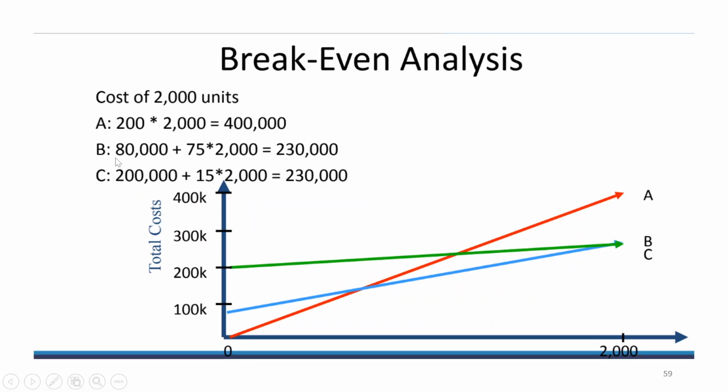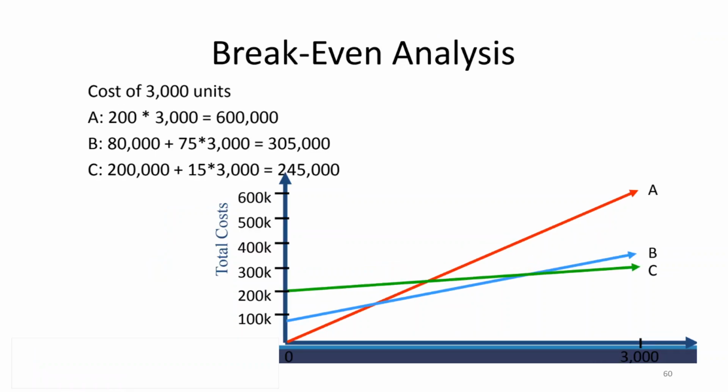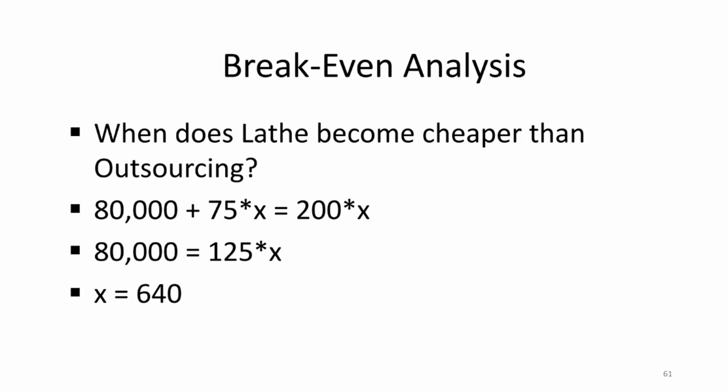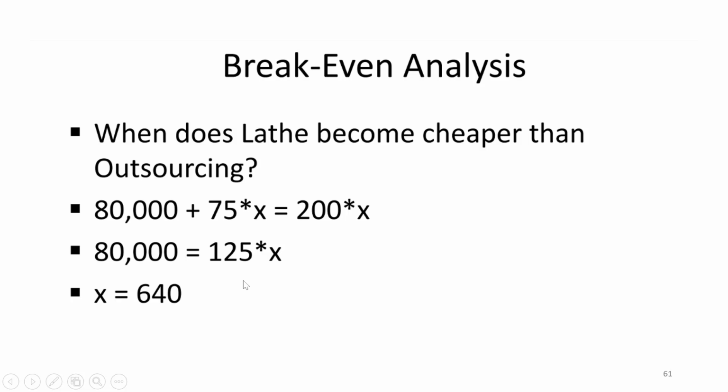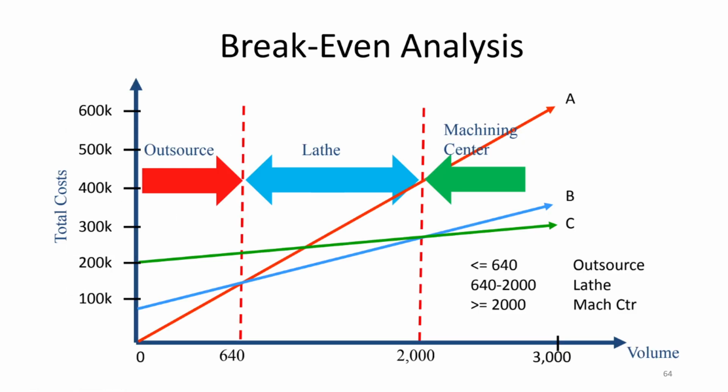Based on these equations you can easily find the break even points, these comparison points. Where these equations cross, it will be 640 and next 2000. Between 640 and 2000 the lathe machine will be cheapest, and below this outsourcing will be cheapest. Outsourcing will be cheapest initially.